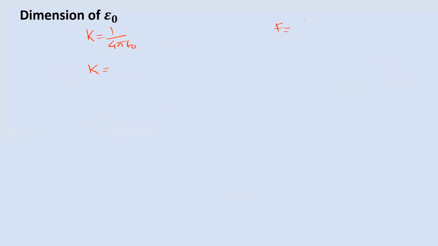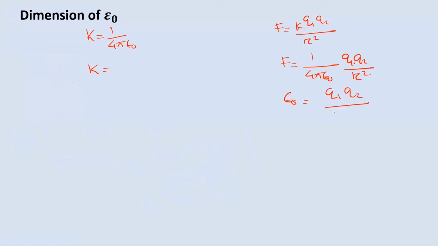From here, F is equal to Q1 Q2 K by R square, so F is equal to 1 by 4 pi epsilon naught times Q1 Q2 by R square. This 1 by 4 pi is a constant term, so it is not required. Epsilon naught is equal to Q1 Q2 by F R square.